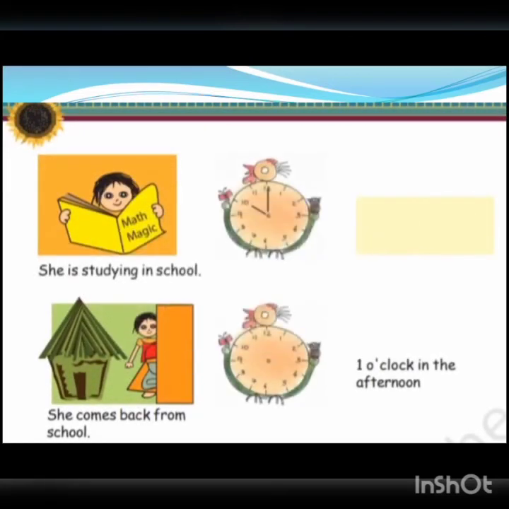Let's proceed further. She is studying in school. Now you read the time from the given clock. Yes, very good. 10 o'clock. So we can say she is studying in school at 10 o'clock in the morning.